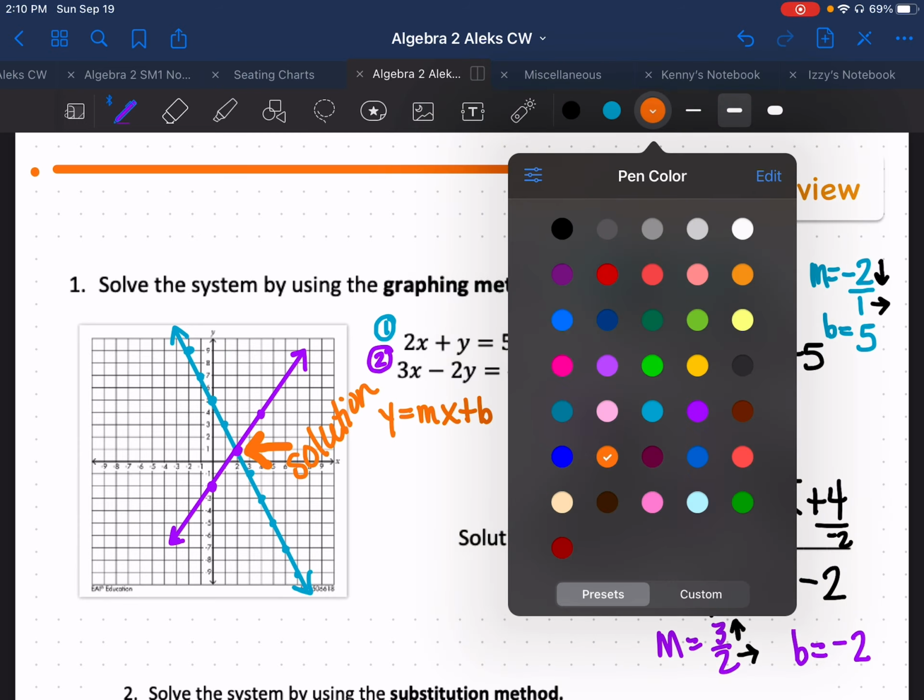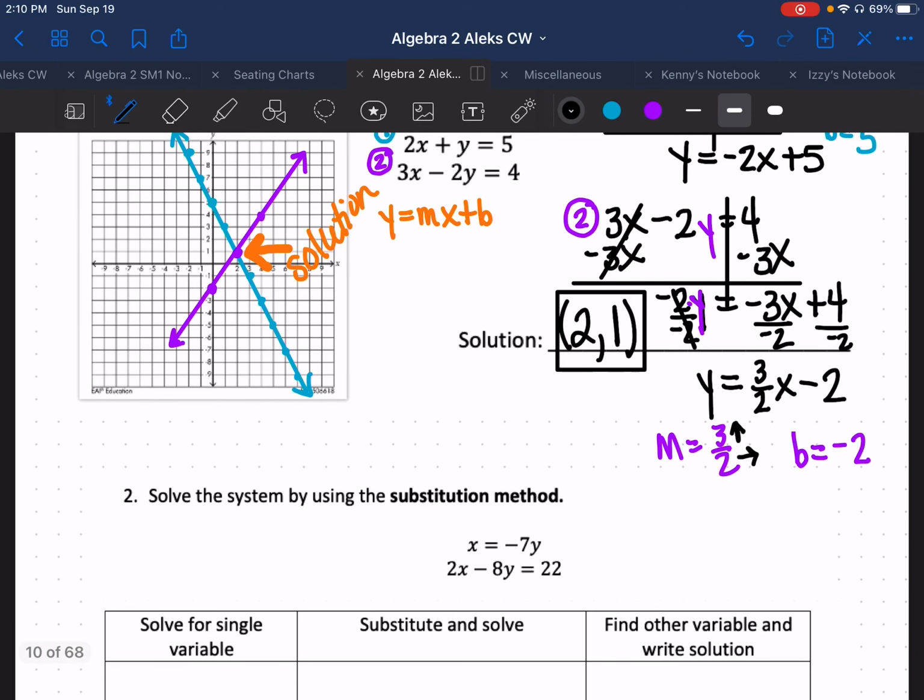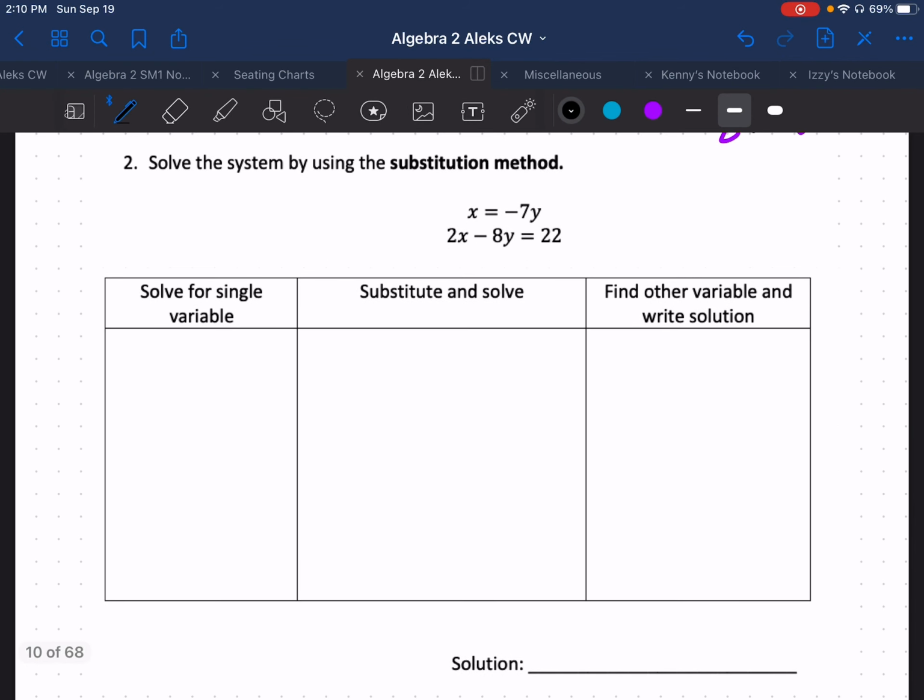All right, let me get that purple back. Here we go. Question number 2 is going to ask you to solve the system using the substitution method. You can check this one by graphing or elimination, should you choose, but you must show me the work for substitution.